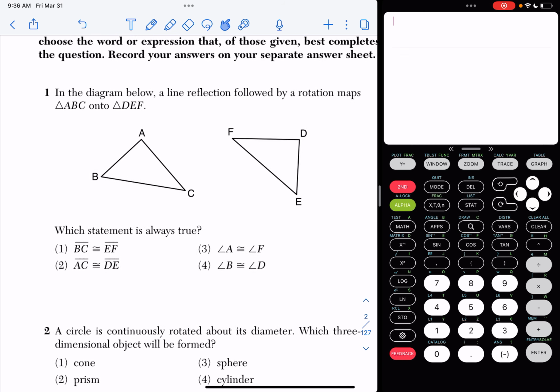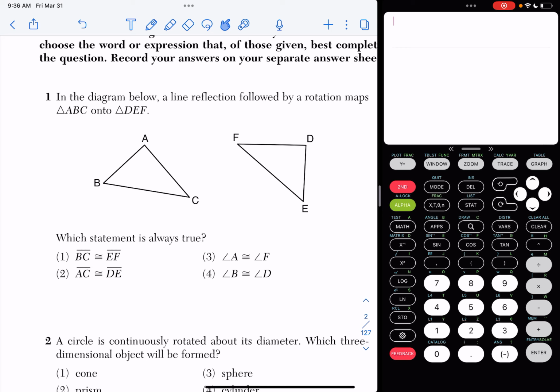So for a question like this, reflections and rotations are rigid motions, which means that distance and angle measure is preserved. But what might be helpful for us answering this question is to redraw one of the triangles so that the pieces match up. So what I mean by that is I'm going to put D on top, E on the left, F on the right.